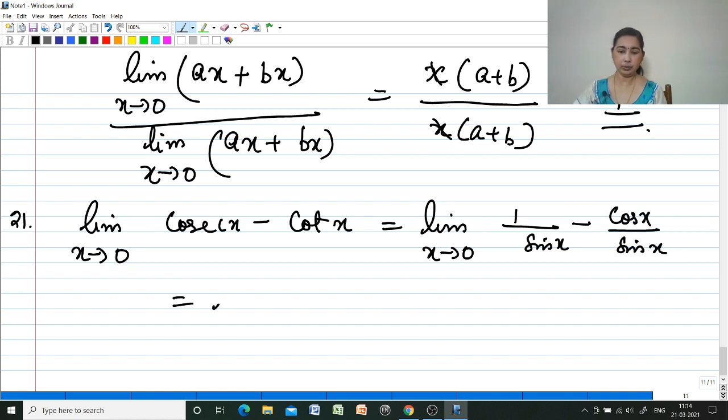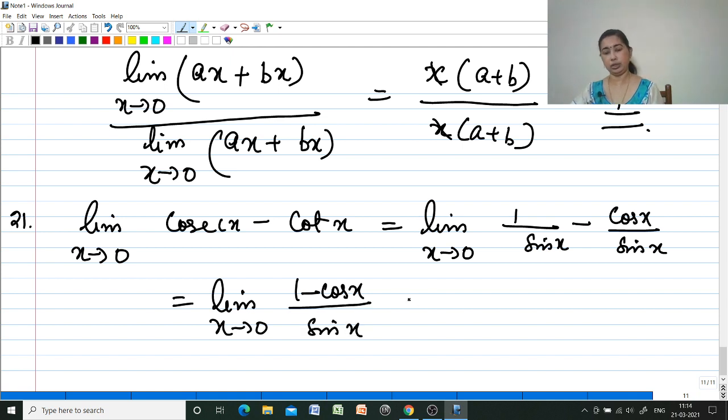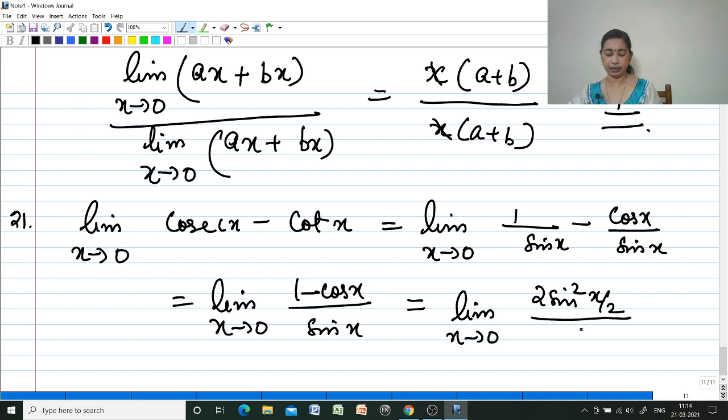And that is equal to limit x tends to 0 1 minus cos x divided by sin x. What is 1 minus cos x? It is 2 sin square x by 2, divided by sin x, which can be written as 2 sin x by 2 cos x by 2 because sin 2x is 2 sin x cos x.